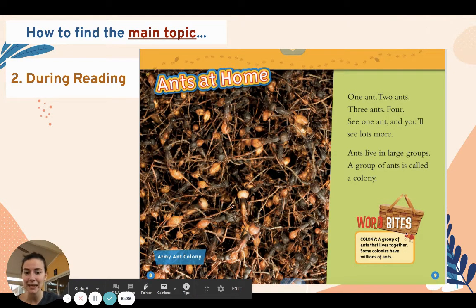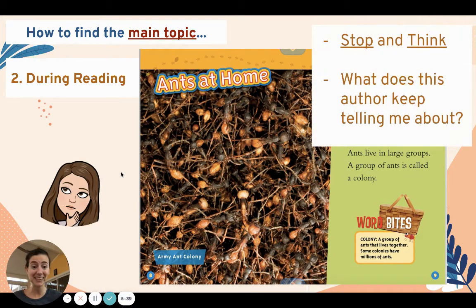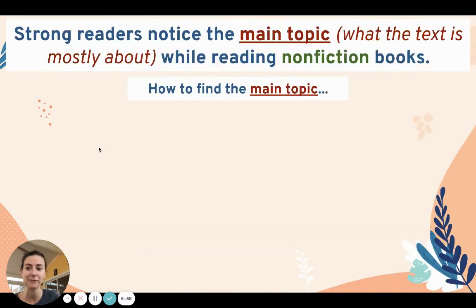That's the label for this photograph here. Okay, friends, stop and think. What does this author keep telling me about? You try. What does this author keep telling me about? Let's hear it. Yeah, I agree. This author keeps giving us facts about ants. Now we're learning about where ants live and how they live.